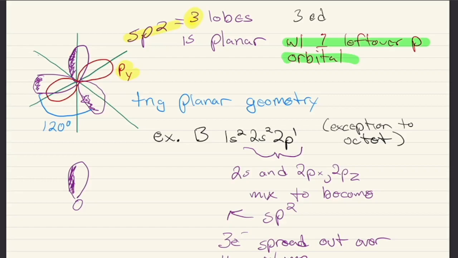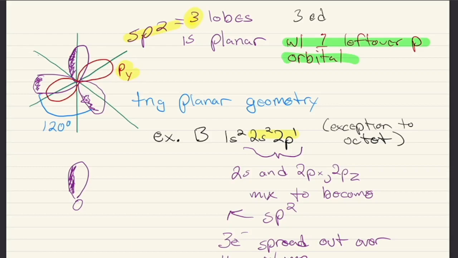But for purposes of, let's say, the example of boron, which can be an exception to the octet. Boron carries 3 valence electrons in the 2s and the 2p, shown here. And what happens if we were to merge the 2s, 2px, 2pz orbitals together to create sp2?